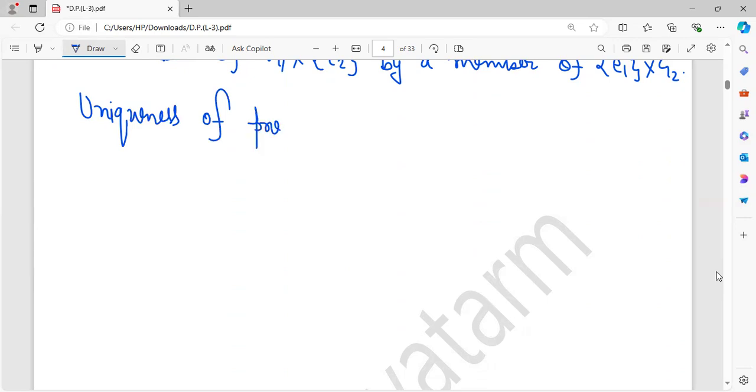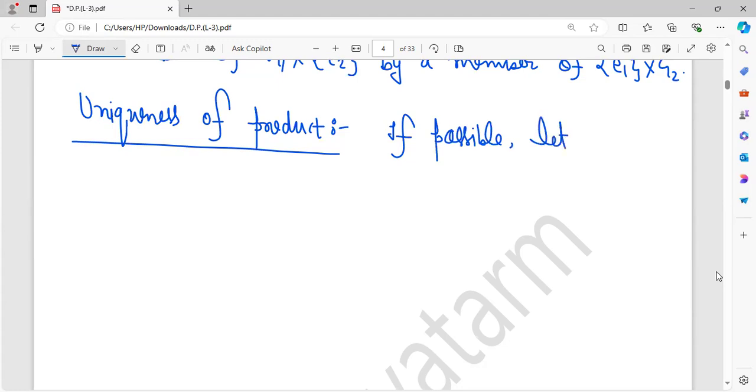Product is unique, so we are going to show uniqueness of the product. If possible, let there be another representation. Representation means we have another two elements whose product is (g1, g2).